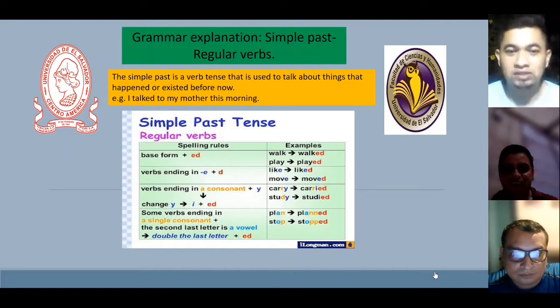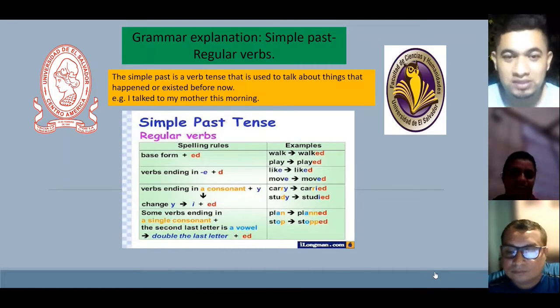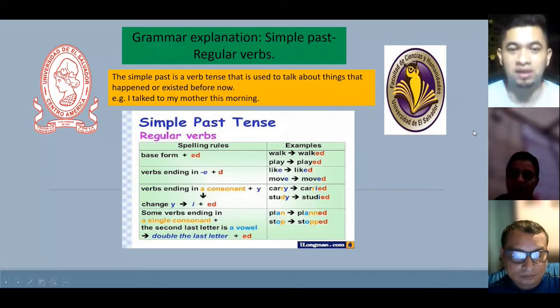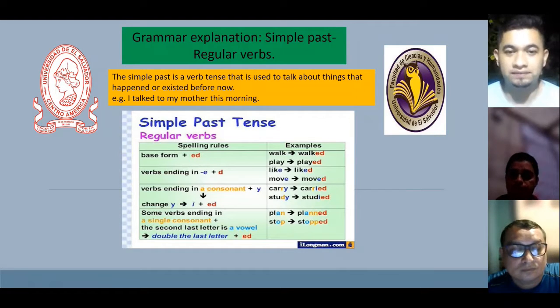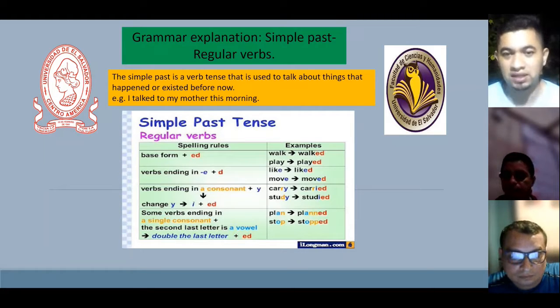So the last rule is for verbs ending in a single consonant, where the second to last letter is a vowel. We are going to double the last letter plus ED. So we have here some examples.